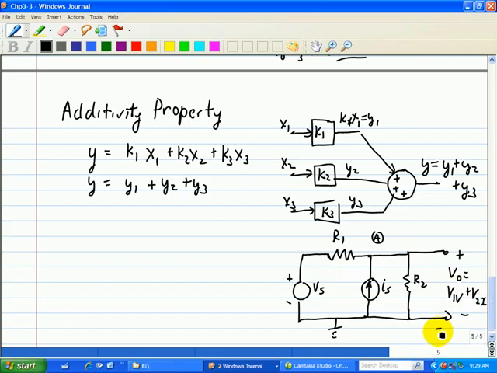Or I can relabel this as VO1 plus VO2. VO1 is due to the voltage source, VO2 is due to the current source.